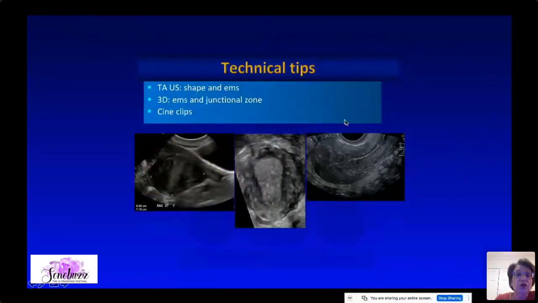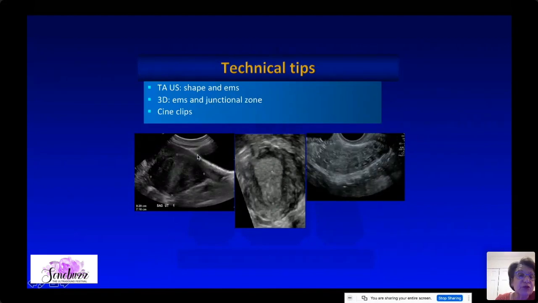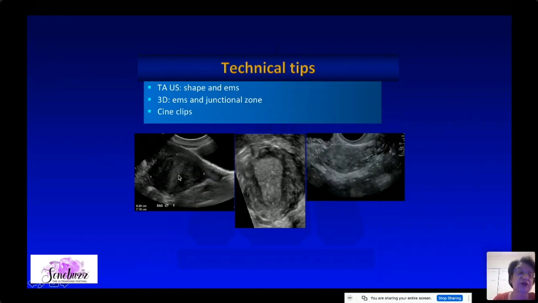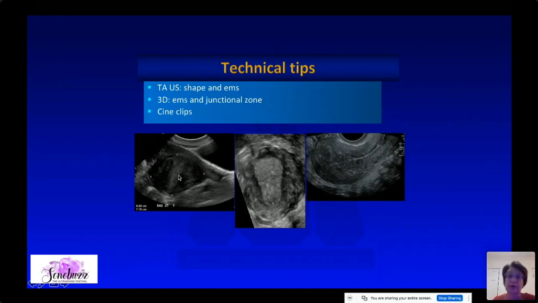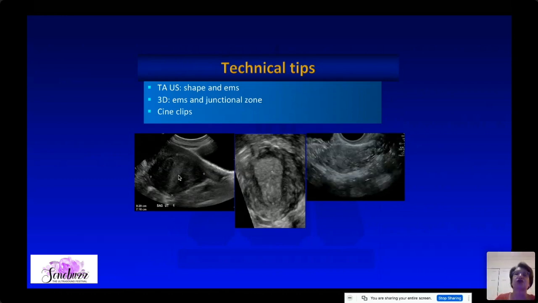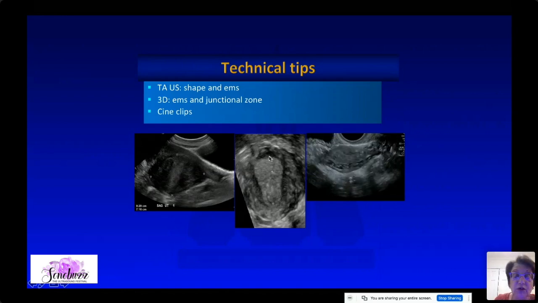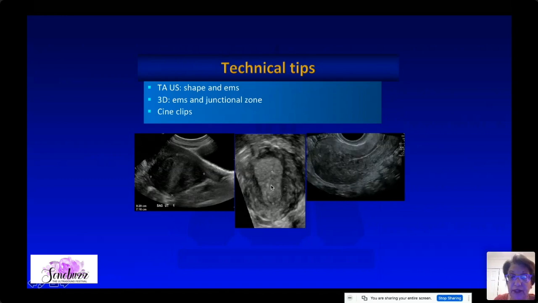So what's really important, because the uterus is very large, I think doing a transabdominal ultrasound is really helpful because sometimes in large lesions, it's hard to see the borders and it's hard to penetrate just with vaginal examination. The 3D coronal reconstruction really helps in evaluating the junctional zone, which is right there at the border between the endometrium and the myometrium.